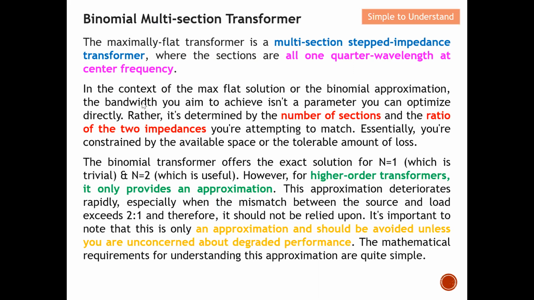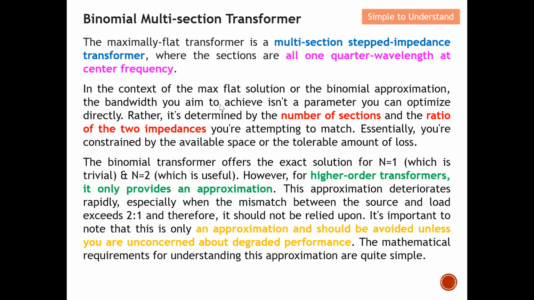If you want to achieve a certain bandwidth, you don't prefer to use this binomial. You can use Chebyshev. But for this case, as illustrated over here, if bandwidth isn't a parameter that you want to optimize, then you can consider using this binomial approximation method.